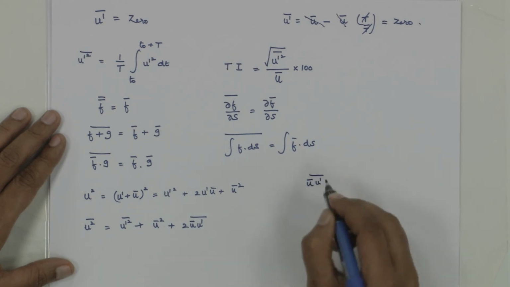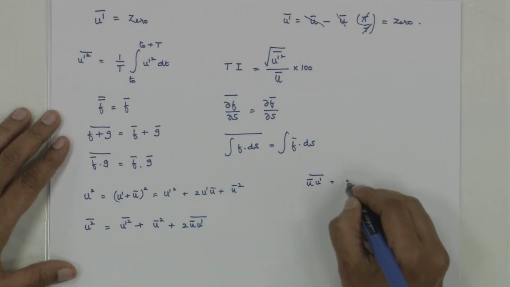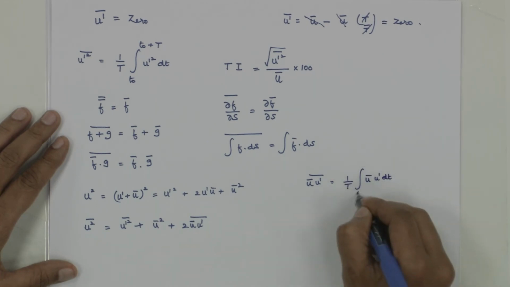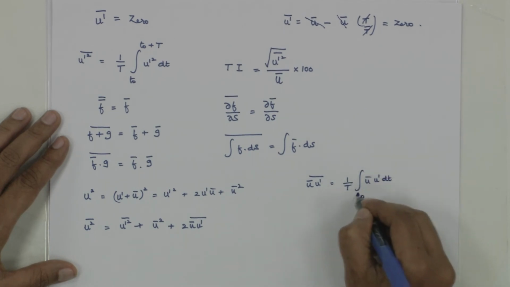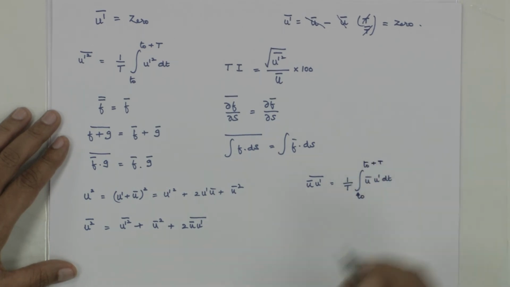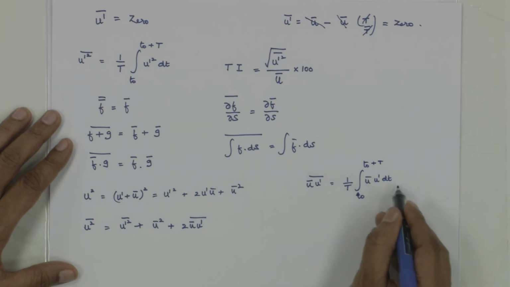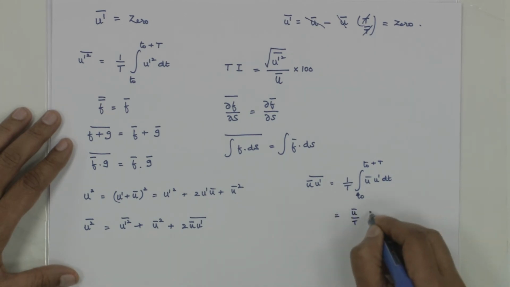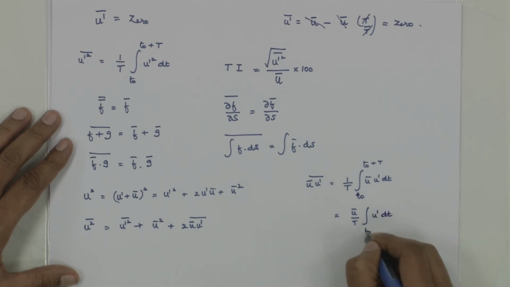u bar u prime bar will be equal to 1 by T integral of u bar u prime from t naught to t naught plus T. Now u bar is independent of T, so you can take out u bar, and we have already found that the integral of u prime is going to fetch us 0. So this is going to give me 0.